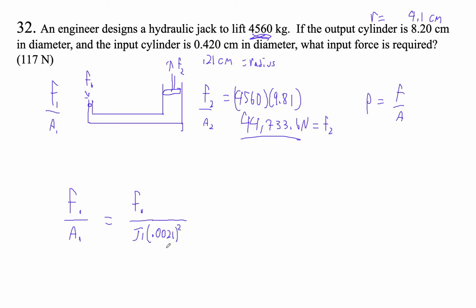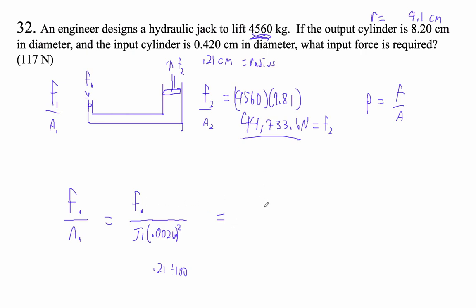That is 0.21 divided by 100, because I'm converting to square meters. By the way, you don't have to do this, you don't even have to do radius. You can just do diameter squared. But anyway, I'm going to go with the way we're supposed to do it.